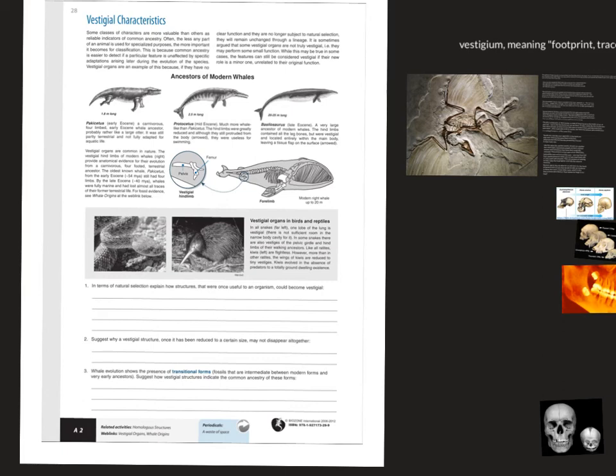So these vestigial organs help us identify what creature this kiwi, this snake, or this whale was most closely related to by comparing the vestigial organ to that creature.